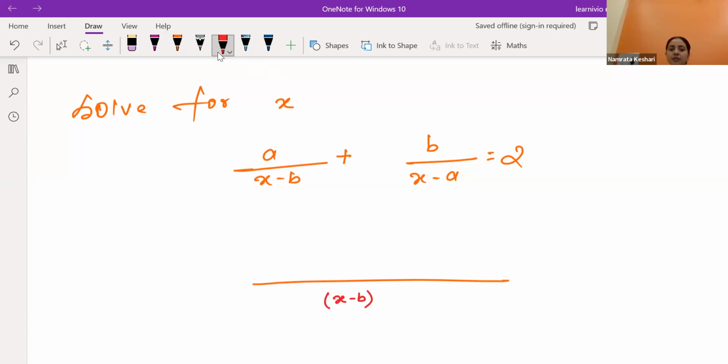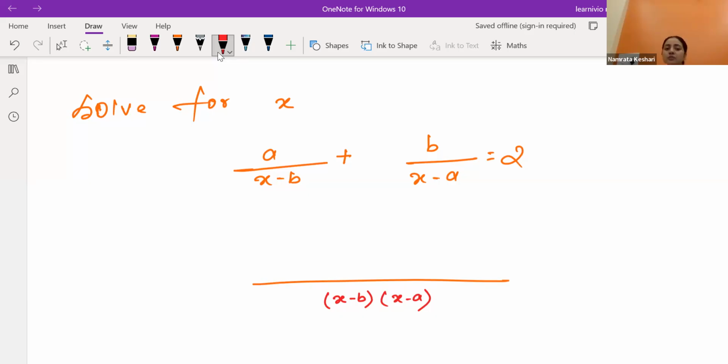Okay. Now whatever is there, the multiplication of both will be the LCM. LCM means we will see what is the common factor and all the extra terms. But here nothing is a common factor, so we just do the multiplication, and that is the LCM.